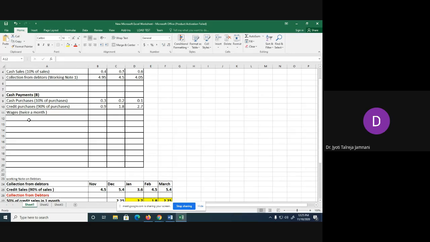So from 1st to 15th, whatever we work, we will get on 16th, and from 16th to 31st, whatever we work, we'll get it on the next month first. So half of current month and half of previous month.